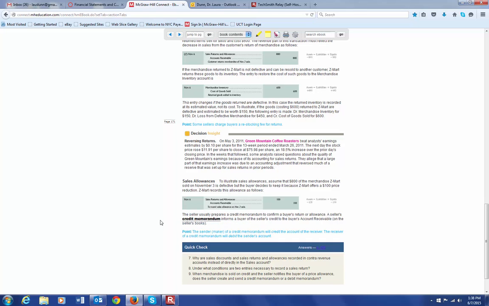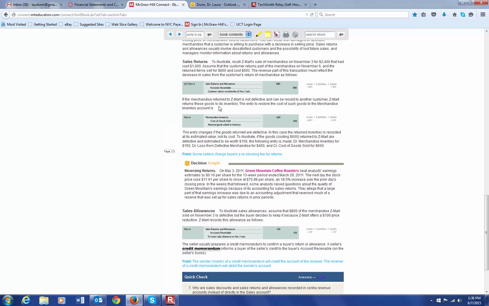So the seller would create a credit memorandum to confirm that, and the way that you would handle it is you would debit sales returns and allowances, because again that reduces the amount of revenue that you're going to get, but you would credit accounts receivable because they don't have to pay you now for that $100. So this is how we would handle a sales allowance.